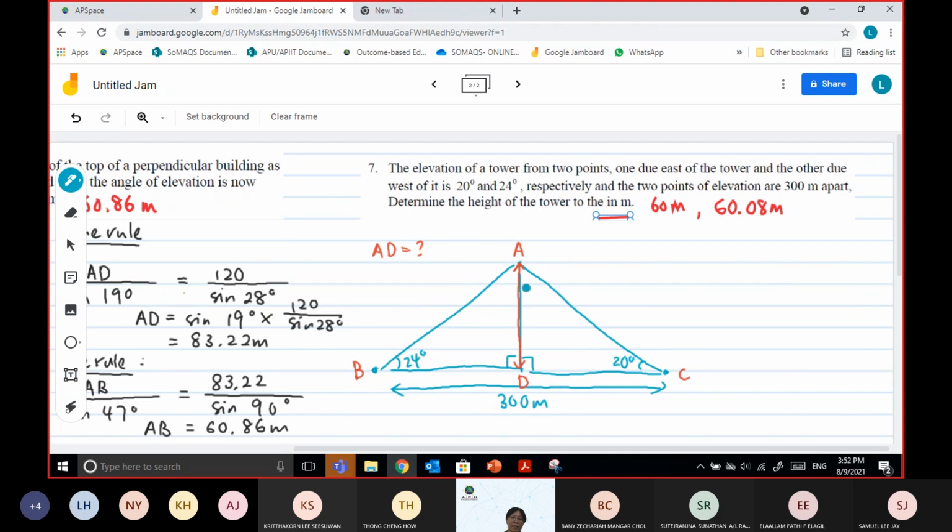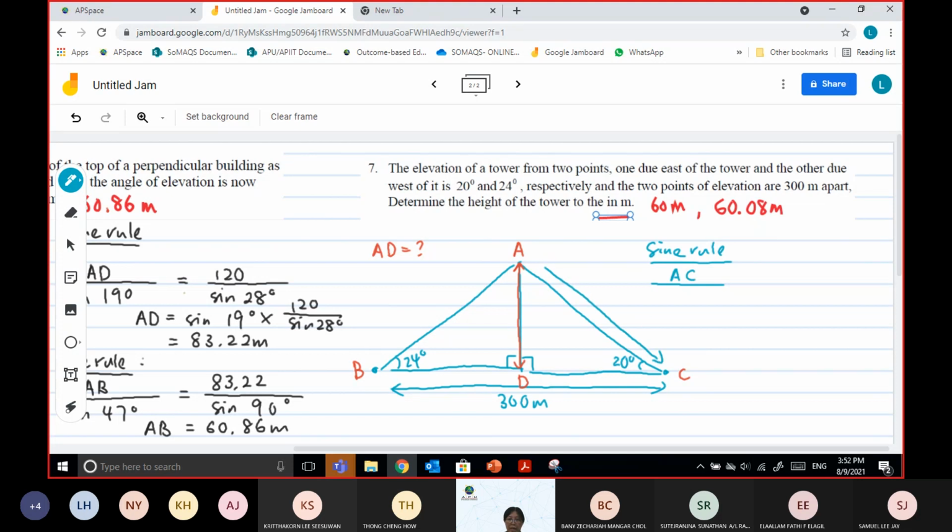So what I can do is find the length of AC, so that later, using the length of AC with the sine rule, I can solve for the height, which is AB. Now how do I find AC? To find AC, the corresponding angle is here, right?